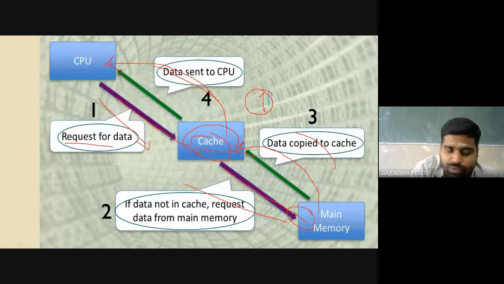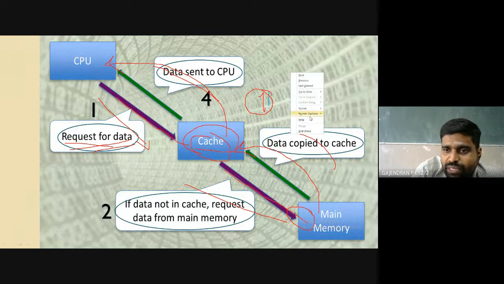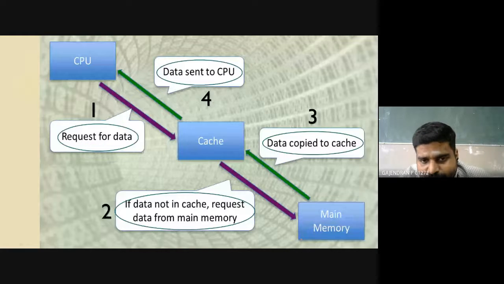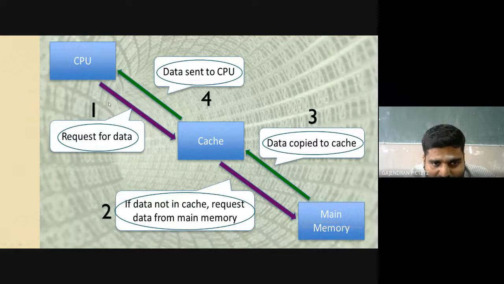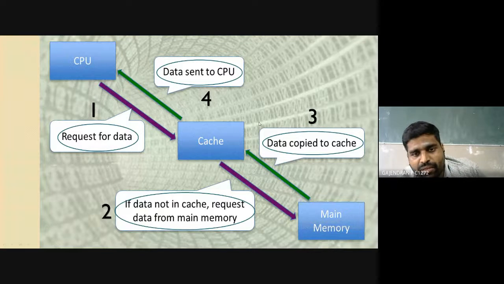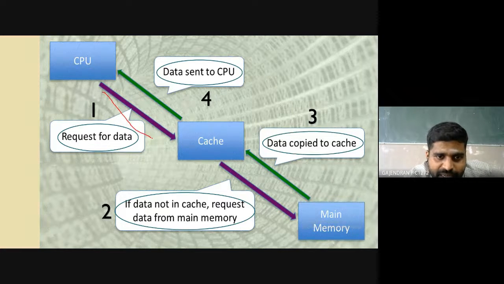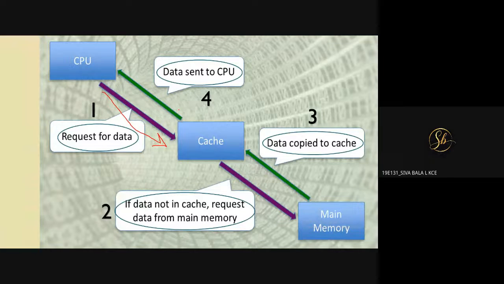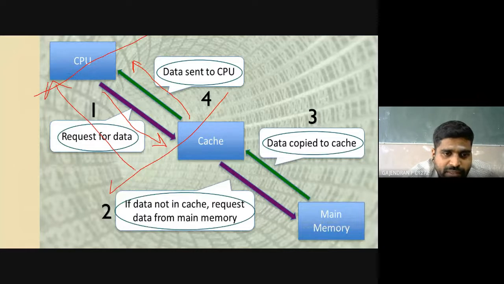This is one flow. The second time we give the same request, what may be the flow? Anyone please? Will it undergo the same thing again, 1, 2, 3, and then what will it do? 1, sir. 1, okay, 1. Then back to CPU, 4. 1 and 4. Think about the cycle time getting reduced.